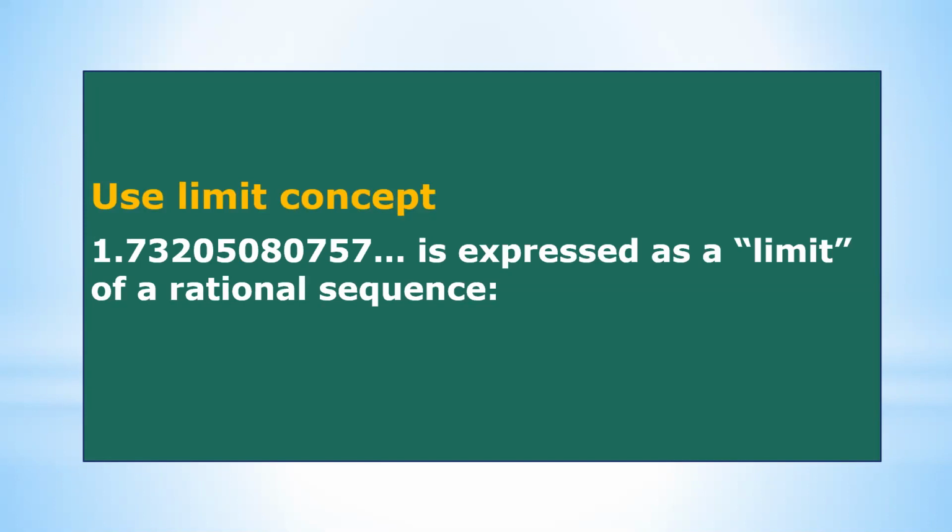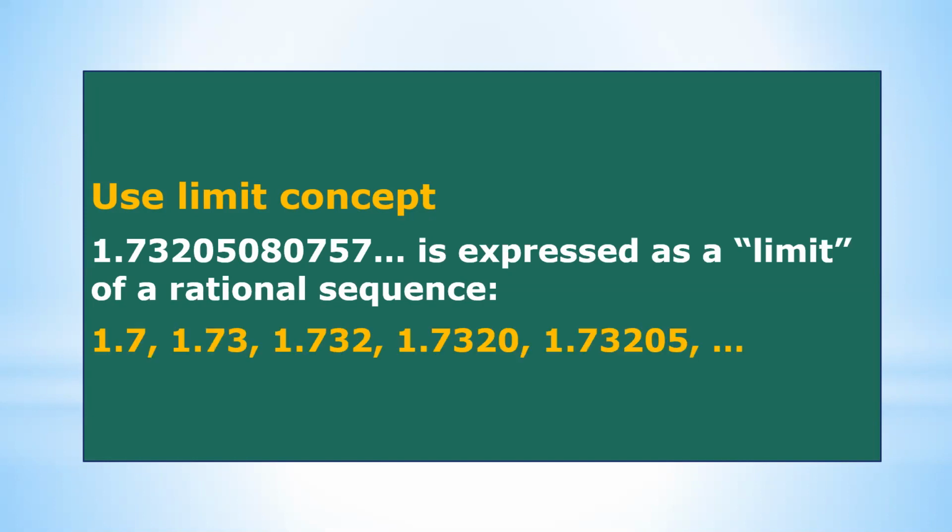Now, what this means is that I can take this number as a sequence. Like 1.7 is the first term, the next one carries the second digit, 1.73, then 1.732, and so on. So I can create a rational sequence. All the numbers in this sequence are rational, so they are well defined.